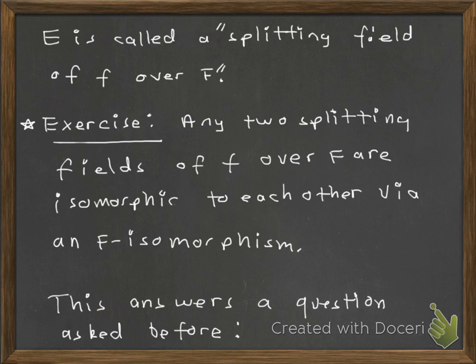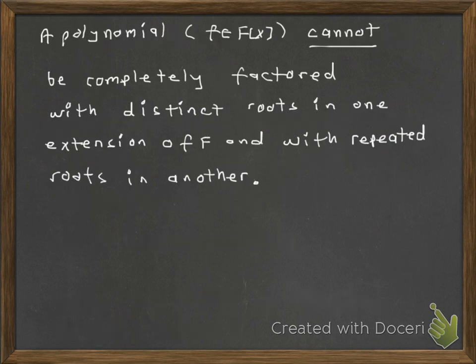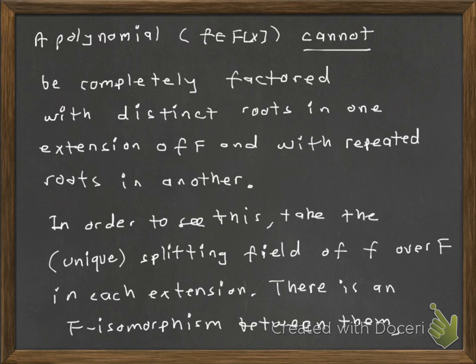And this answers a question that we posed before, namely whether a polynomial can be completely factored with distinct roots in one extension of F and with repeated roots in another, and the question's answer is negative. So it's not possible to do that.